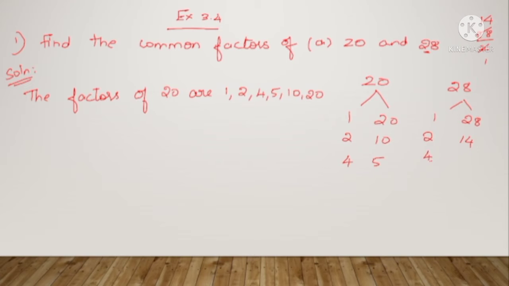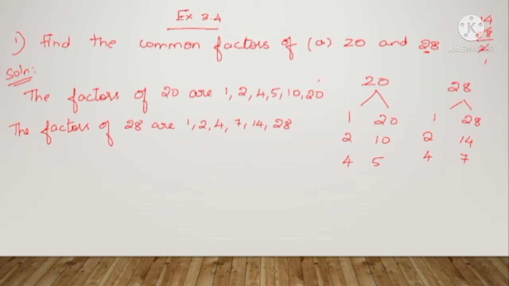And then 4 7s are 28, 7 4s are 28. That's it. So let us write the factors. The factors of 28 are 1, 2, 4, 7, 14, 28. I'm just writing them in ascending order.